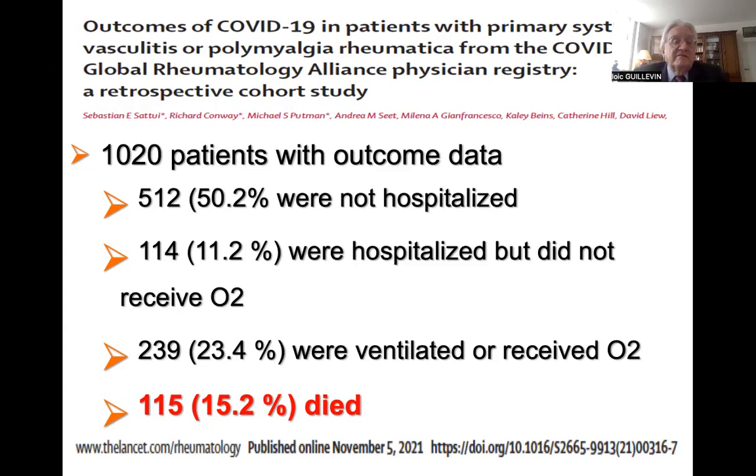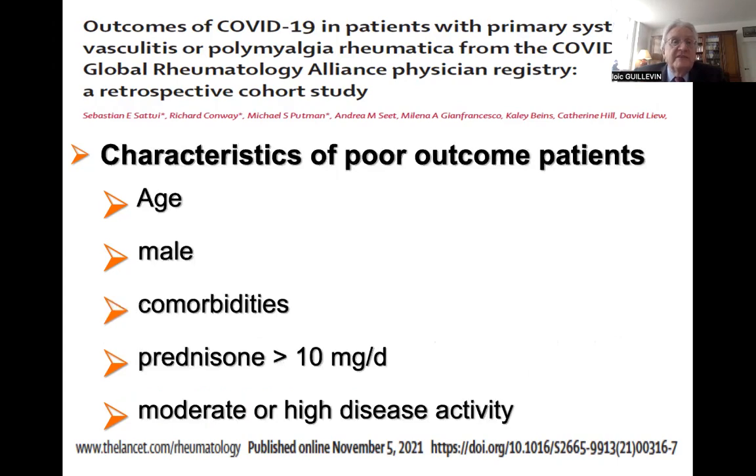But in ANCA-associated patients, they have been treated with rituximab. They have a very profound immunodepression, and you can see the results: 15% deaths due to COVID, and 23 patients ventilated or received oxygen therapy. It is a lot.